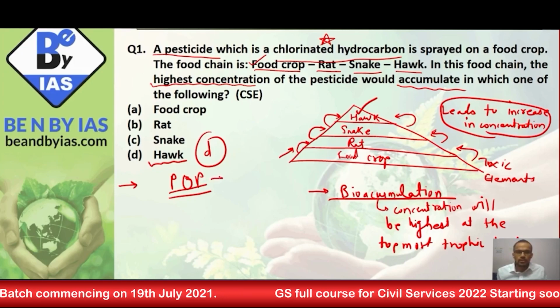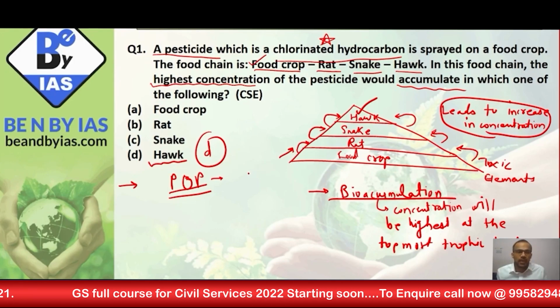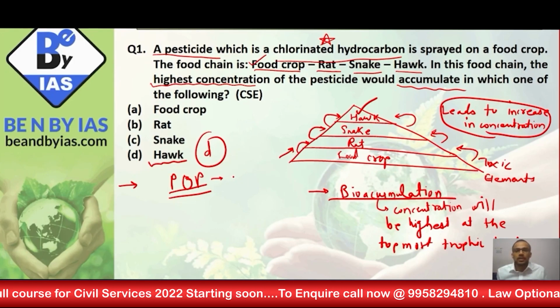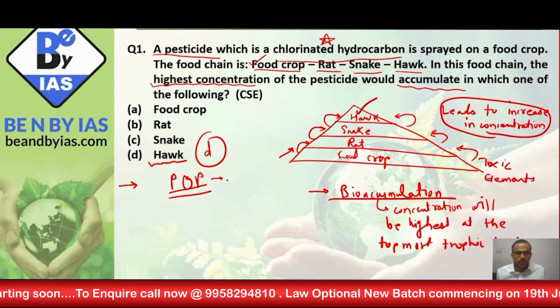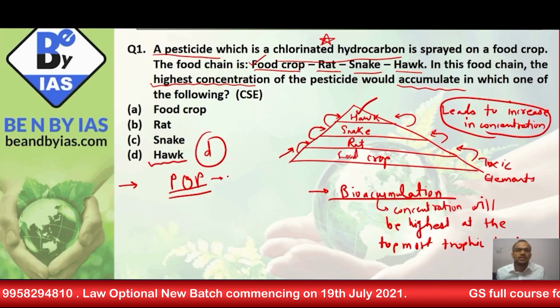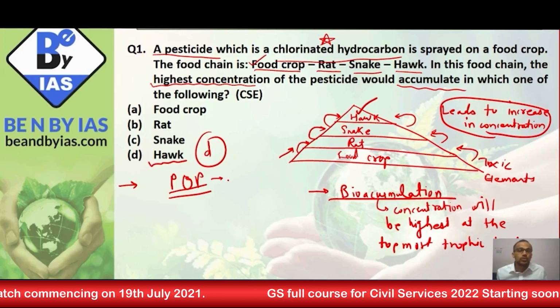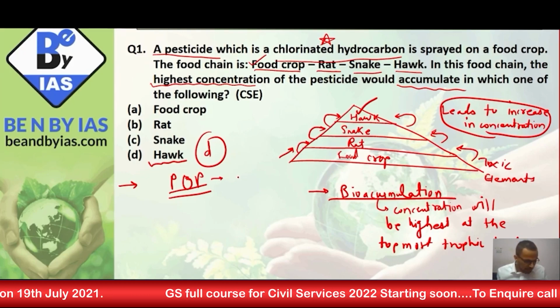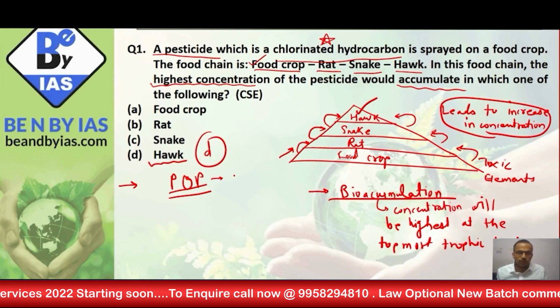These are the pollutants which can remain in the environment for longer period of time without getting reduced to simpler forms. POPs are the organic compounds which can remain in the environment for longer period of time without getting reduced to simpler forms. And often these POPs are toxic in nature.